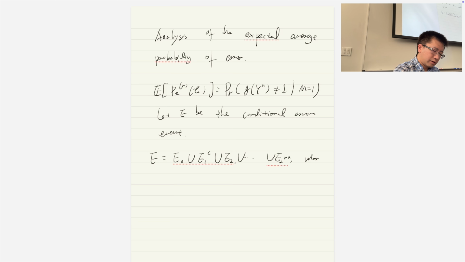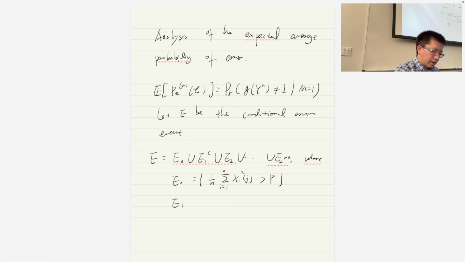And here we say E0 is the event that this power constraint is not satisfied. That's E0, and everything else will be the same.